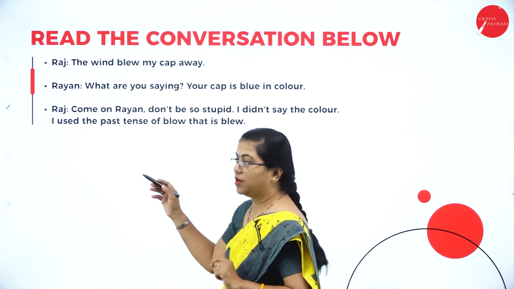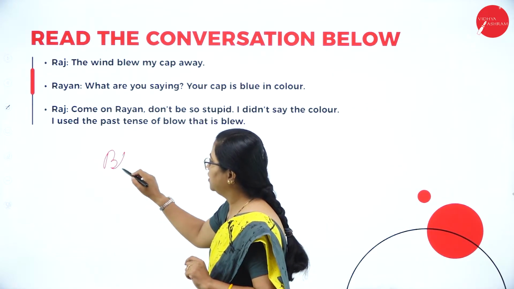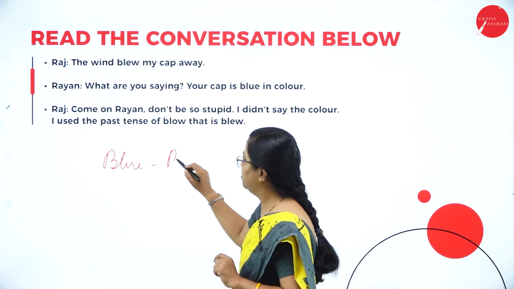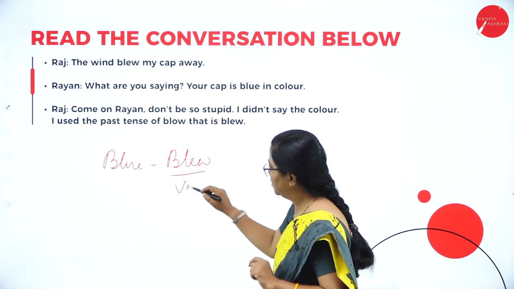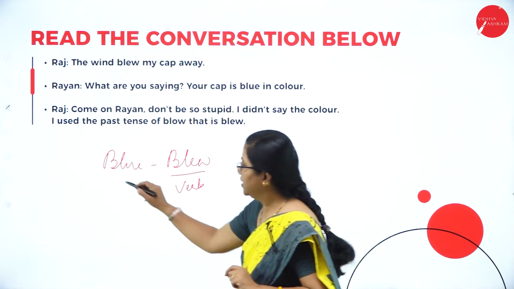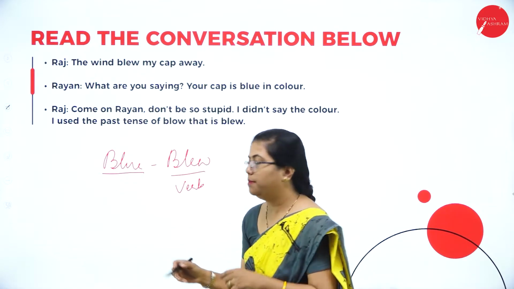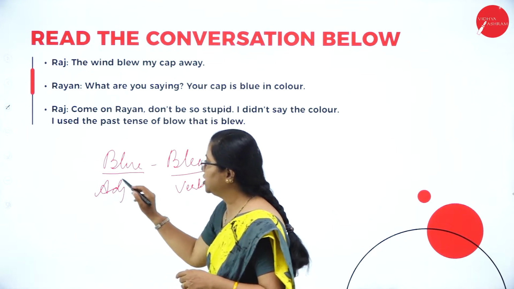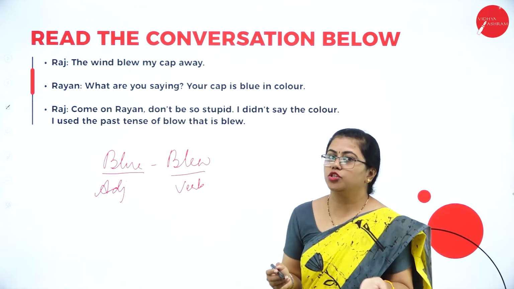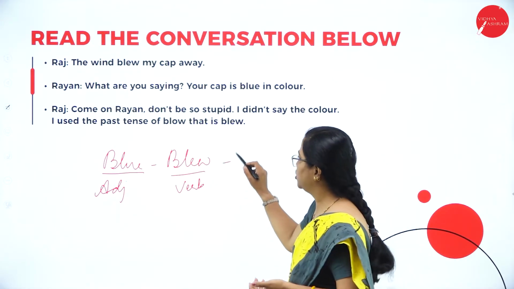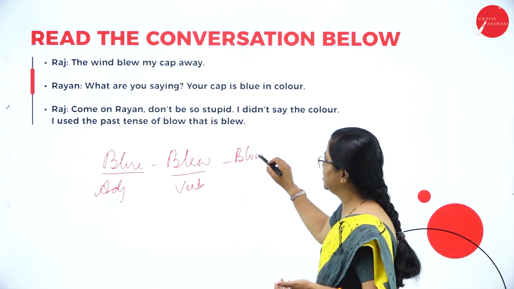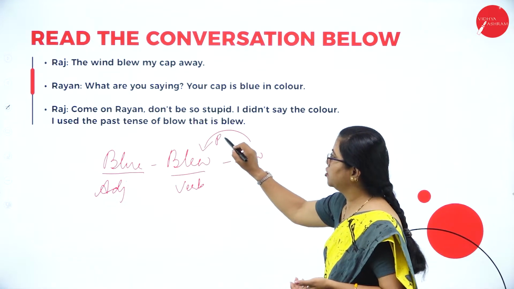So here, Ryan has got confused between this blue and this blue. Fine. This is a verb. Fine. This is another different part of speech, that is adjective, that is talking about the color. It is also pronounced the same way. This is something that is being done, the past tense of blow. Blow is the verb, it is the past tense of it.